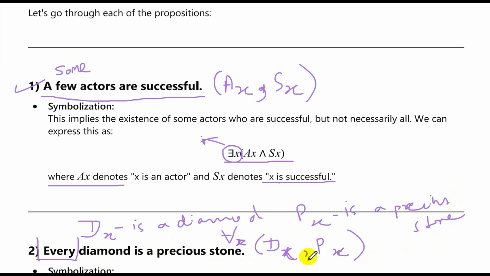So this is how you symbolize it, where for all x, x is a diamond. Sorry, we'll have to use a quantifier and a symbol also. So this is a standard format, but let's look at it this way.